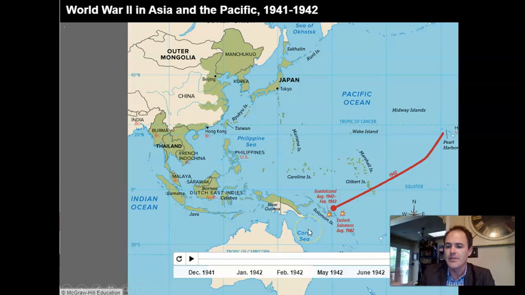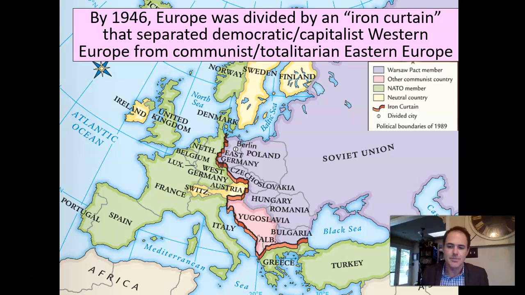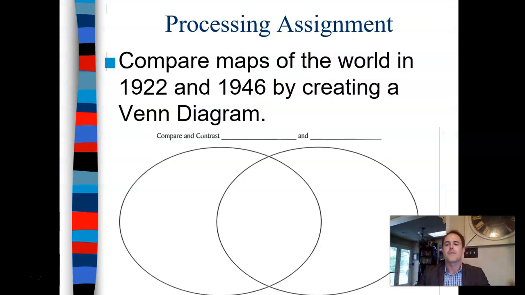Later in the war, the United States and the British are going to push them back by island hopping all the way to the mainland, so that by 1946, Japan is pushed back all the way to its home island. And remember, Europe is now divided between the capitalist democratic West and communist totalitarian East. This is 1946. So your task now is to compare maps of the world, 1922, 1946.